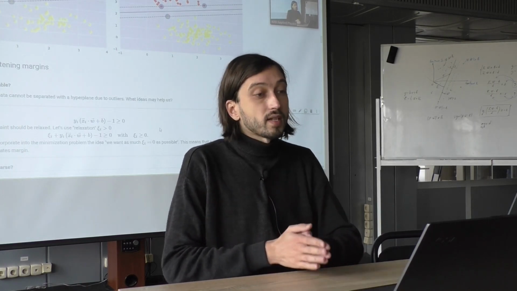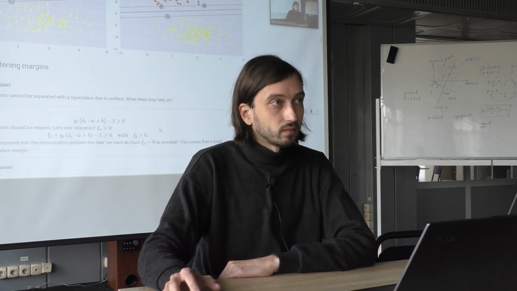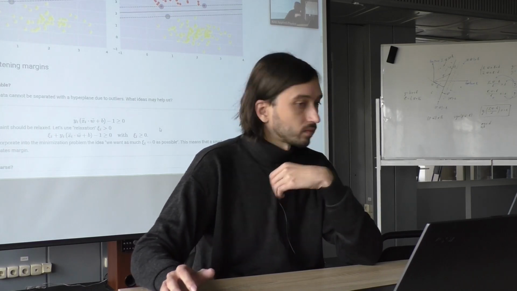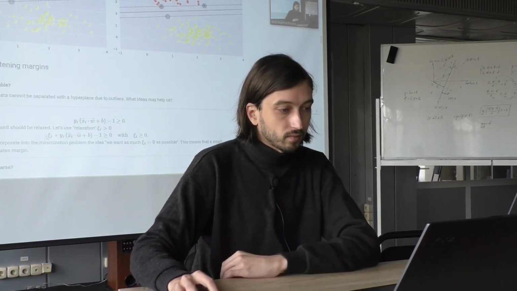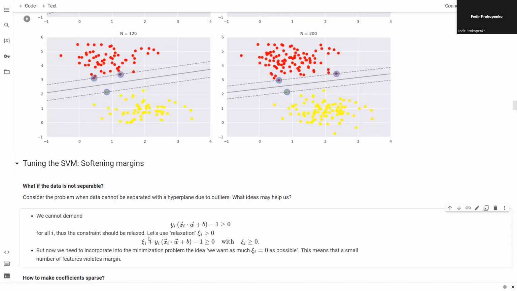If it equals 0, it doesn't influence it. The points stay where they go. So if this psi i is equal to 0, this means that we don't need to relax any constraint. So the point we are considering is lying on the side of the separation line where it should be.